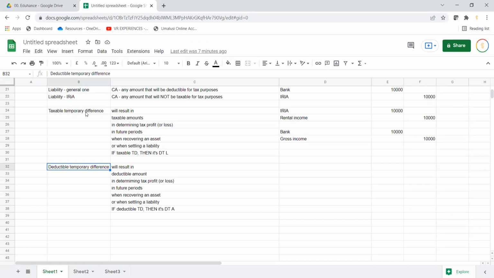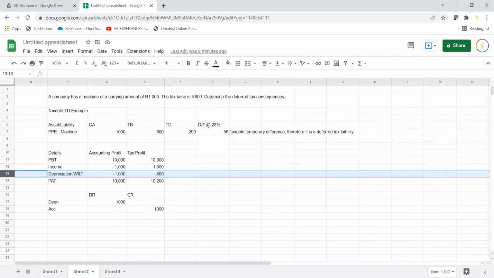If it is not probable that you will have taxable profit in the future, then you won't be allowed to recognize a deferred tax asset. Because remember, in order to recognize an asset, it must meet the recognition criteria. The recognition criteria says there must be an amount that is measurable, and those future economic benefits must be probable that you will receive them. Okay, so just be aware of that.